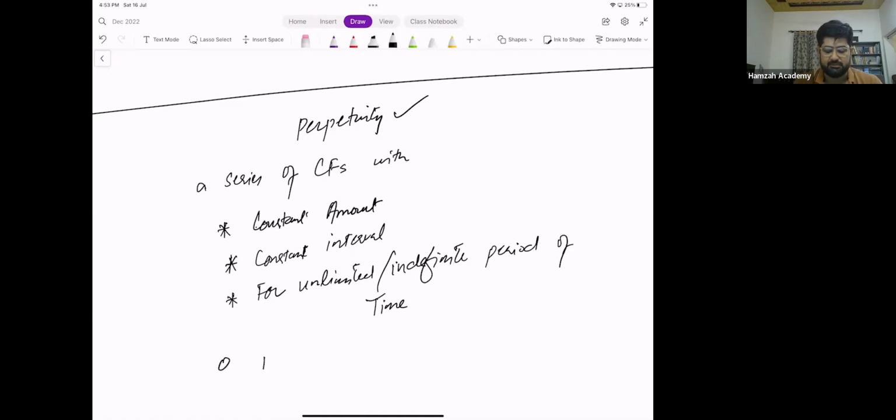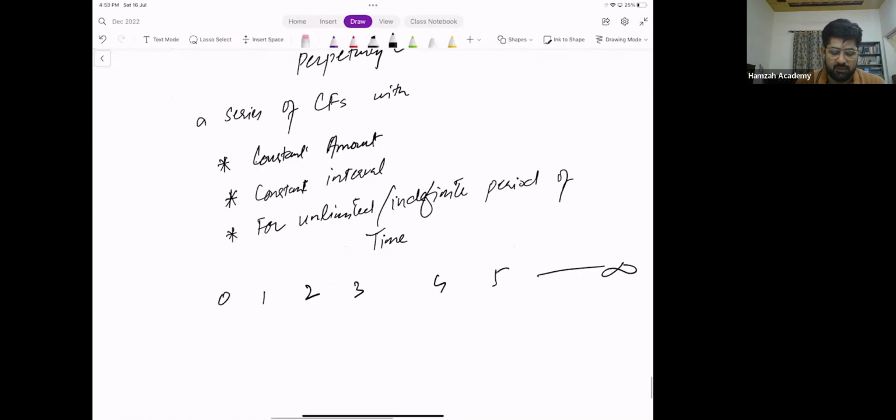For example, you will be getting 7,000 from next year till perpetuity.